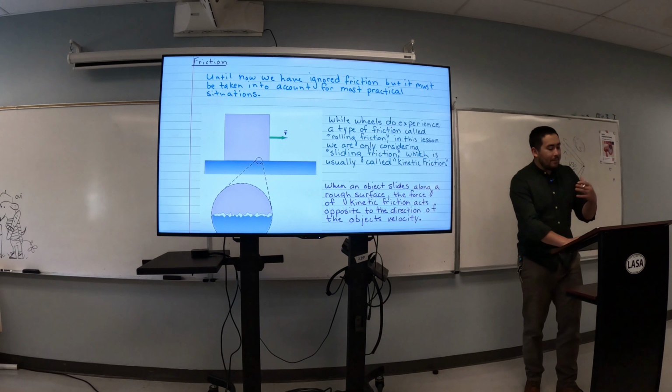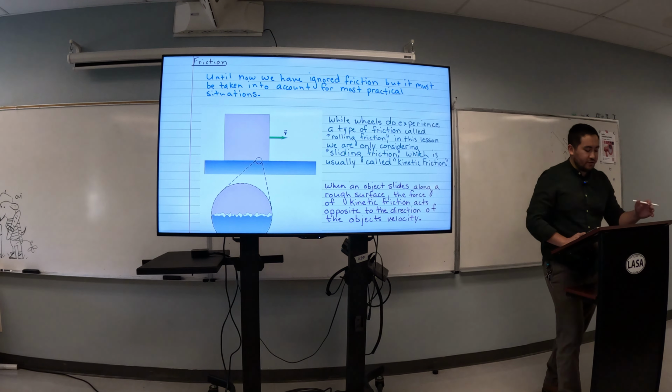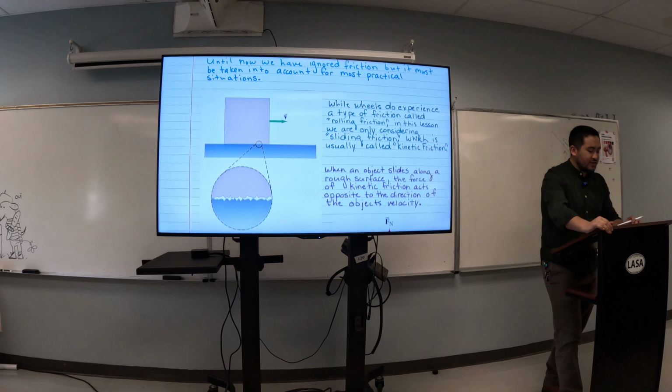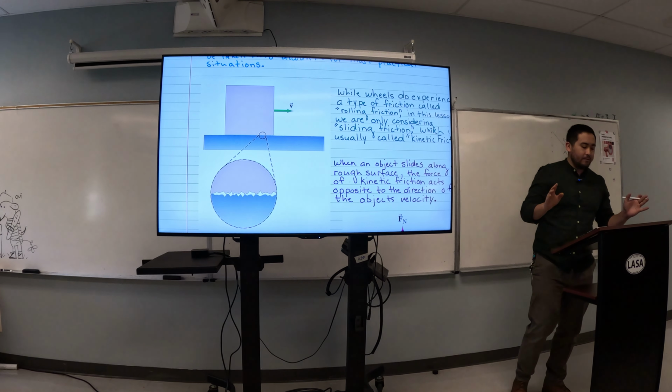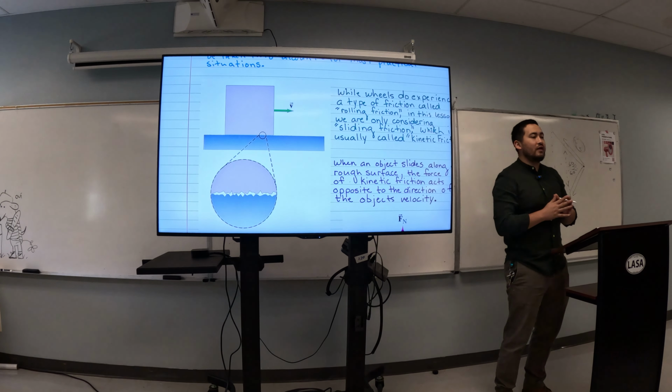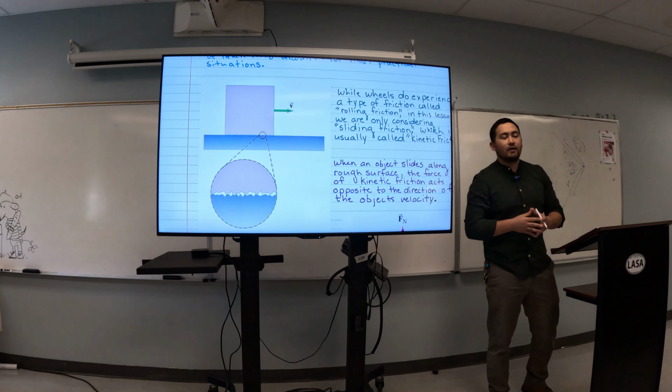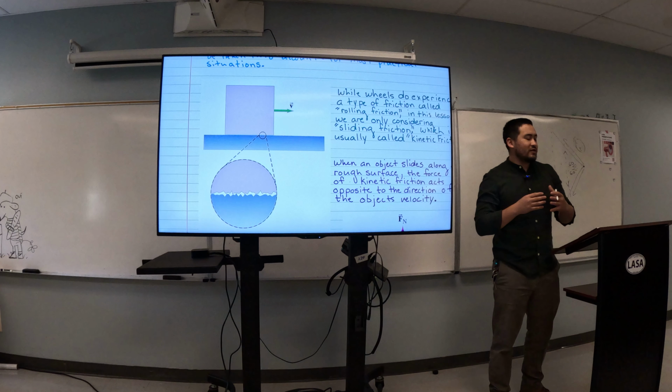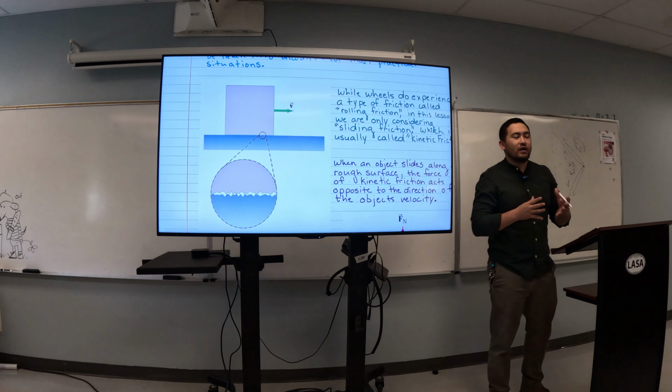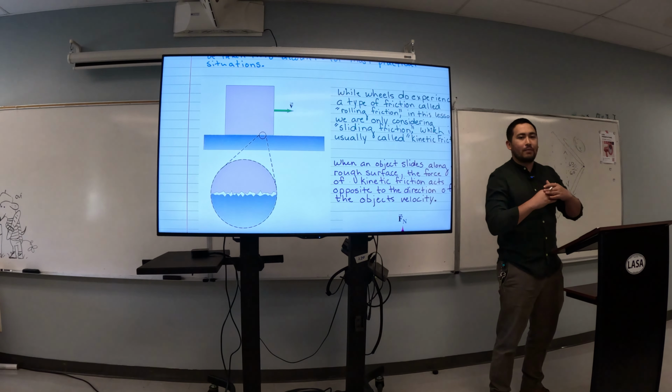So what's happening and what's causing friction in the first place? I have this visual here. It's kind of showing you that no matter how smooth you think a surface is, there's always going to be some bumpiness to it, or some weirdness to the surface to where it's not perfectly smooth.